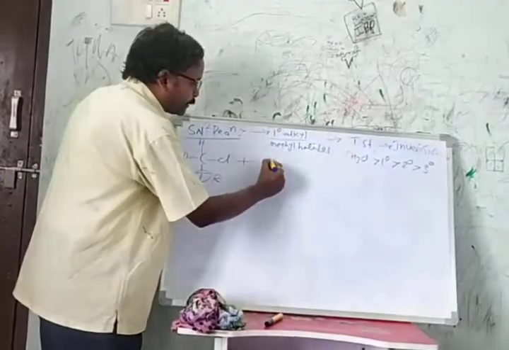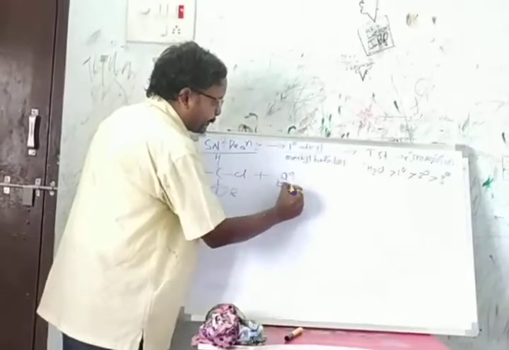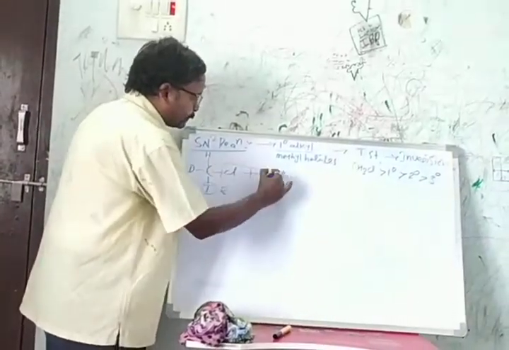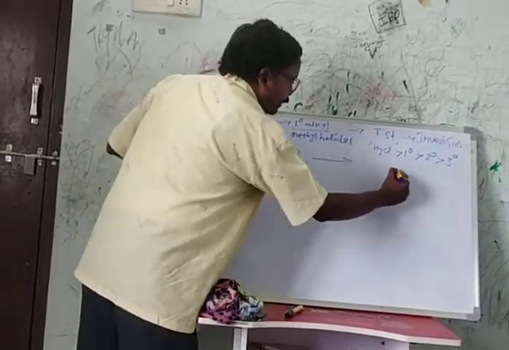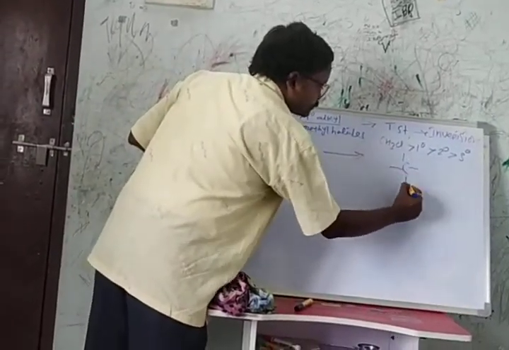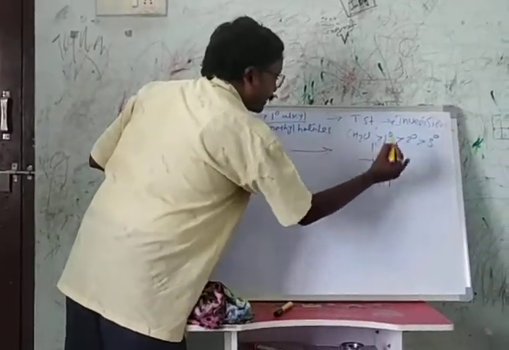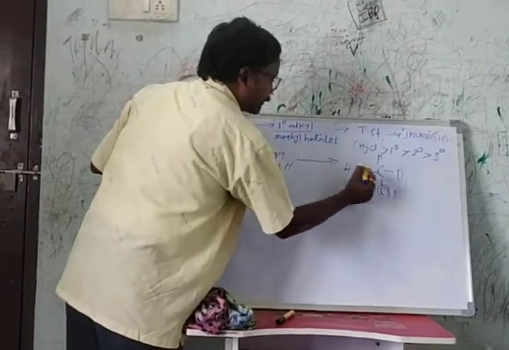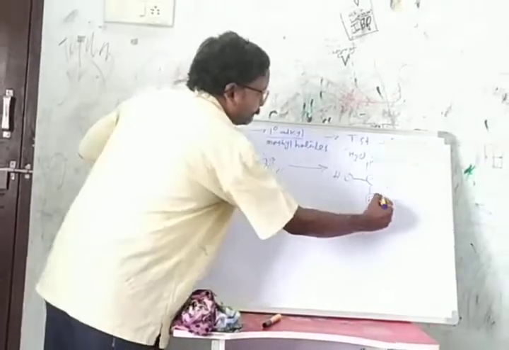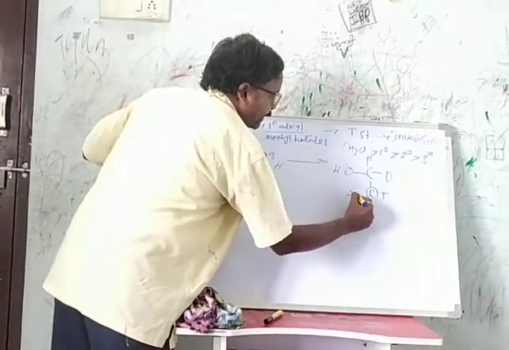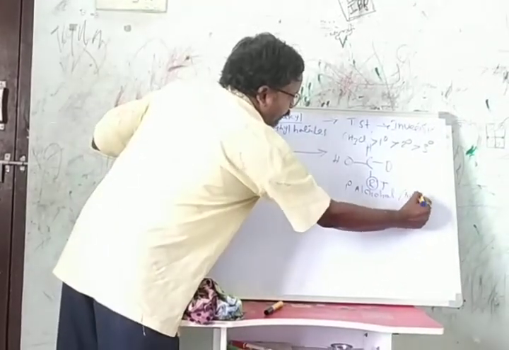When this molecule reacts with aqueous potassium hydroxide, it loses a KCl molecule, potassium chloride, and forms here R or T, here D, here H, and here OH. We get the primary alcohol or methyl alcohol.